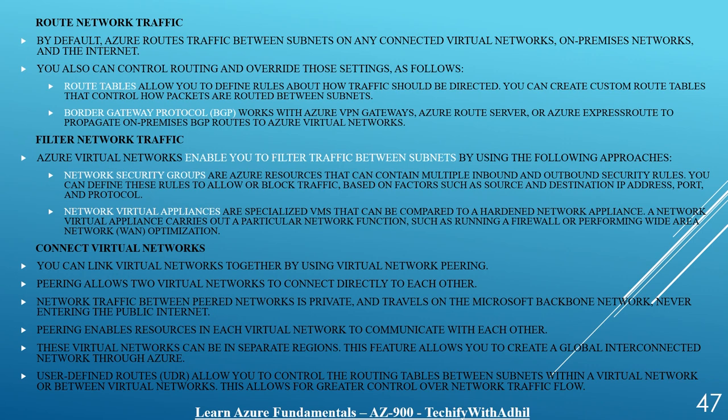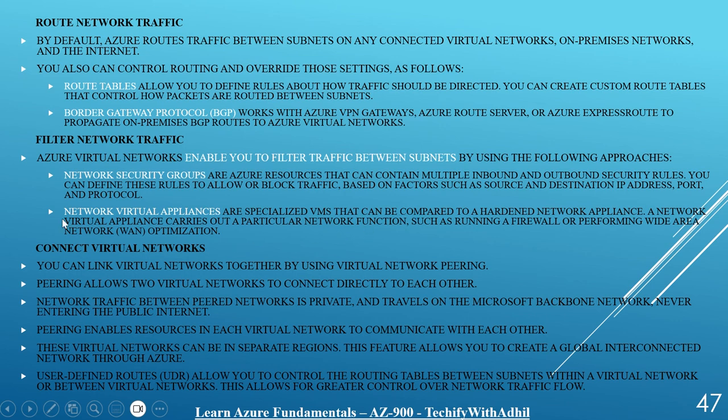Next is network virtual appliances. These are specialist VMs that can be compared to hardened network appliances. A network virtual appliance carries out a particular network function such as running a firewall or performing WAN optimization.